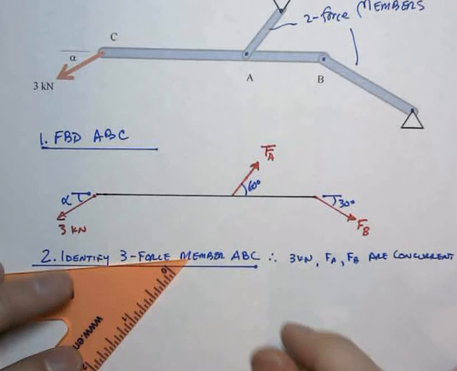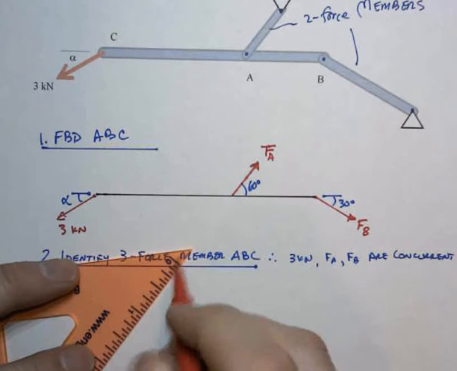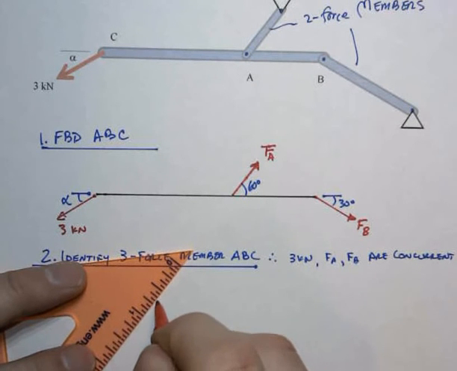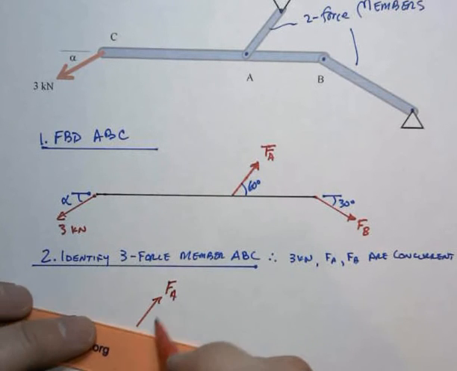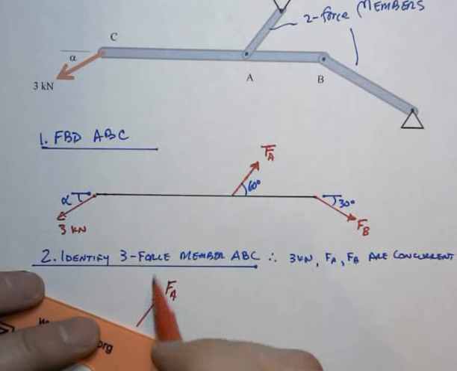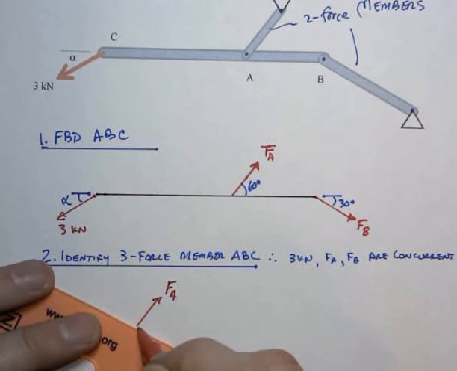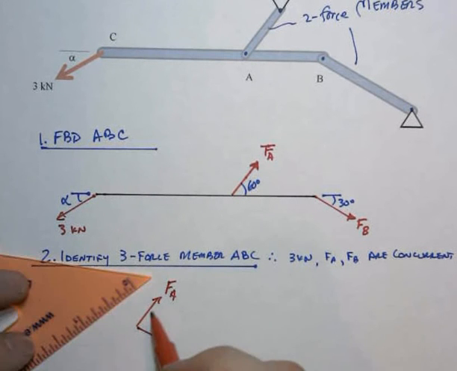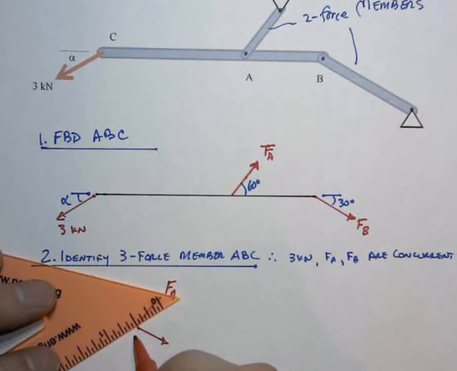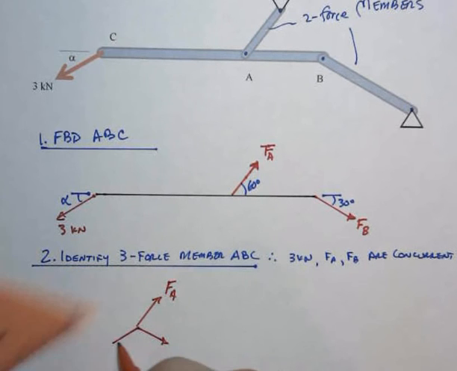One, we could represent this if we wanted to as we've got forces at A. I'm just moving these all over the place, and I can do that once I know that they're concurrent, right? Because there's no sum of moments left over now. And so now we've got the 3 kilonewton force sitting there.